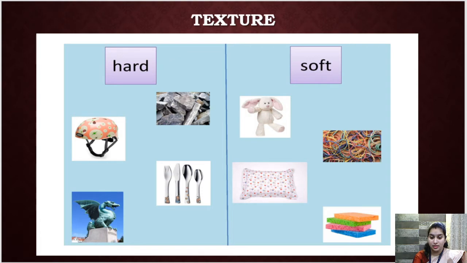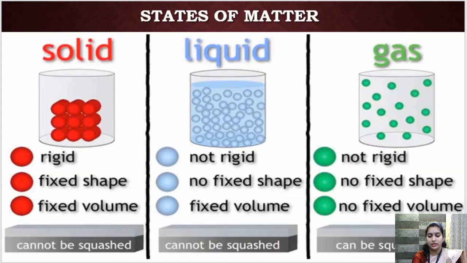Next property, which is very important, is states of matter. Children, take any matter, it exists in three states: solid, liquid and gas. Solid has a fixed shape.